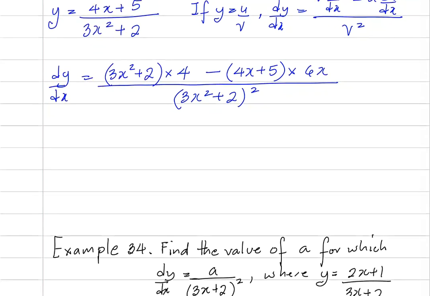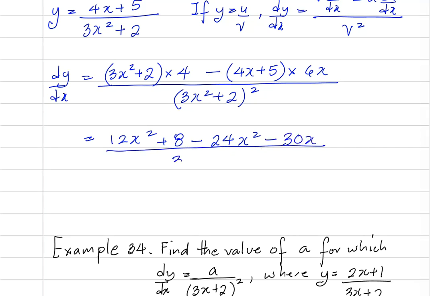So at the top, applying the distributive law, we're going to have 12x squared plus 8, and over here we're going to have minus 24x squared, and a negative times a positive is a negative 30x, and this is all over 3x squared plus 2 squared.